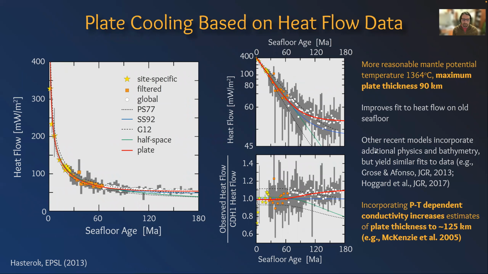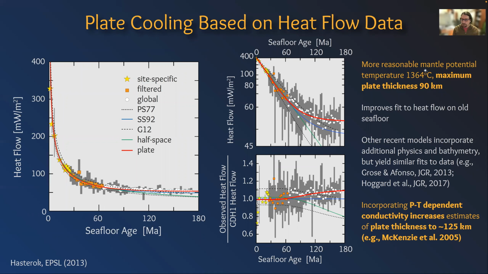There are a few different models that people have done in the past. One of them is half-space cooling, which basically means you start cooling from the surface and cool infinitely with time. But the models that seem to fit best, because there turns out to be an extra flattening of the heat flow with age, are these plate cooling type models.